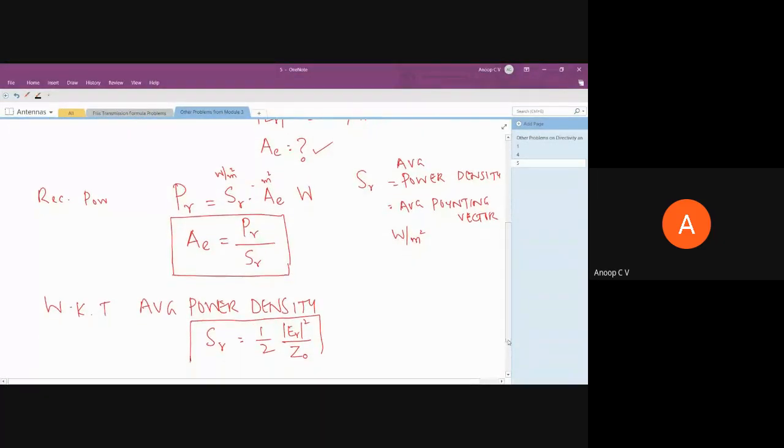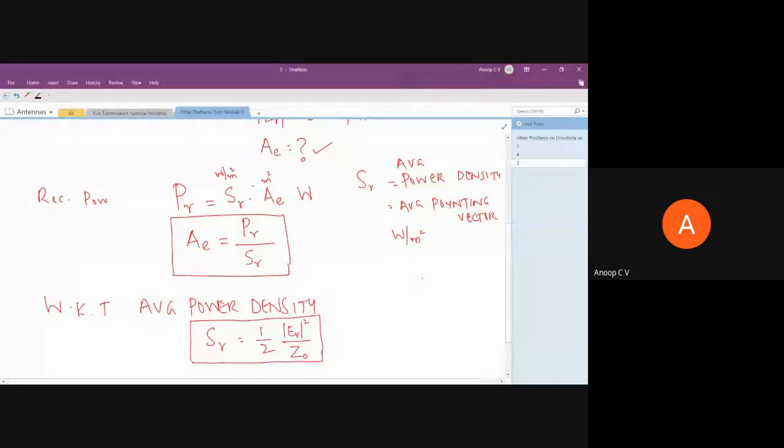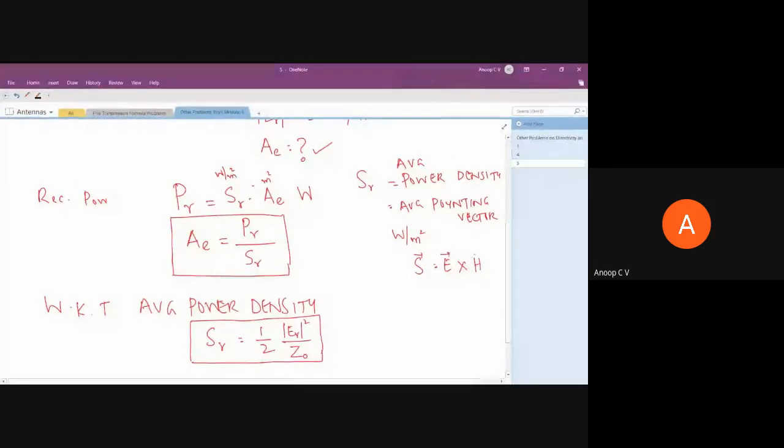Maybe I should give you some more idea, since some of you may be wondering where we got this. Vector S is nothing but E cross H, and its magnitude is the power per unit area.